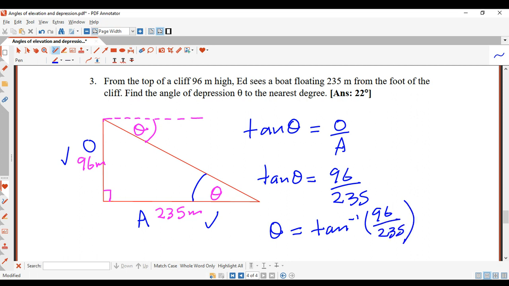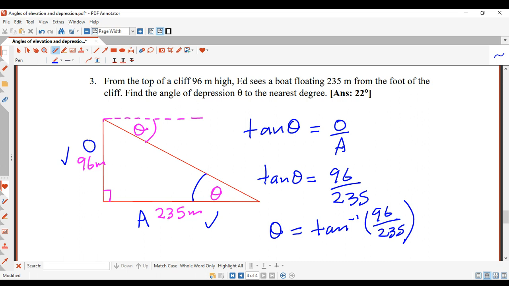So shift tan 96 on 235. You should get 22.2 degrees. Degrees because we're using angles.